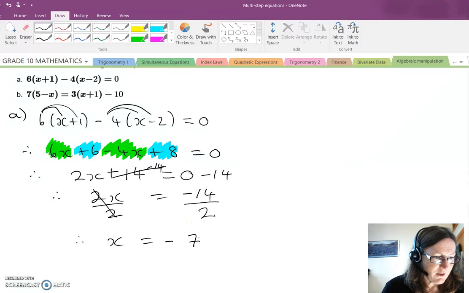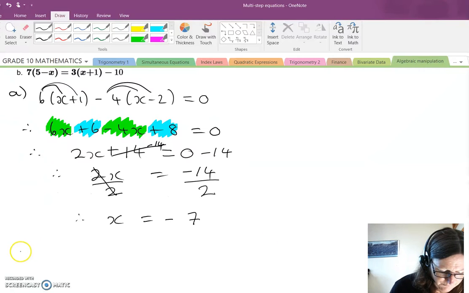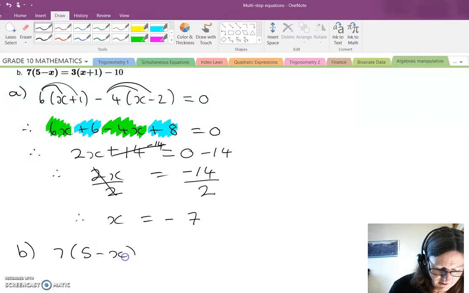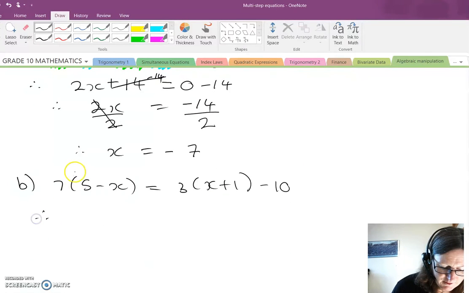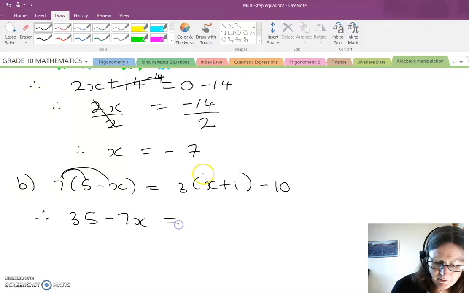Okay, let's look at our second example. I'm just copying that out here again, and again, my first step is to expand any brackets. So I'll expand the brackets on the left-hand side, and then expand the brackets on the right-hand side.